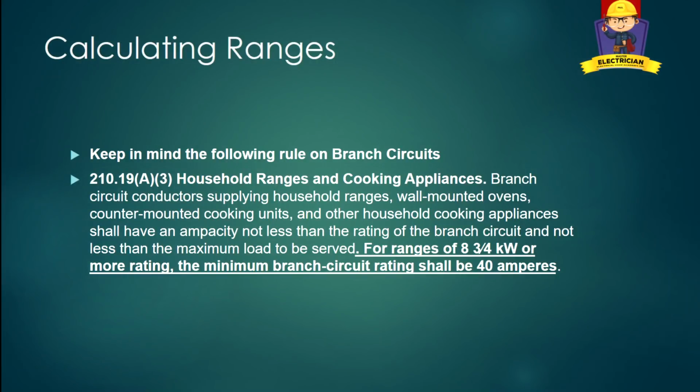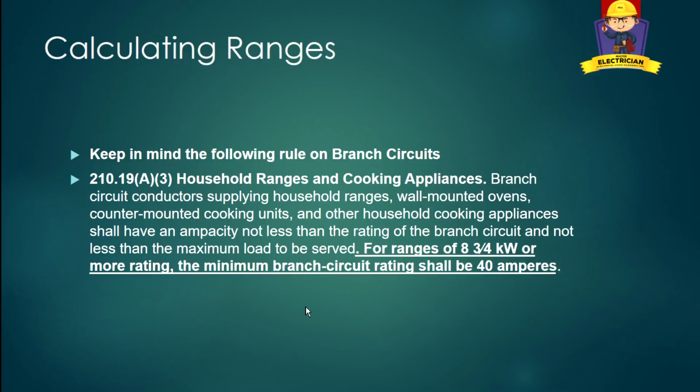What I did was pull this out of 210.19(A)(3) of the NEC, for educational purposes only, of course. You'll notice the last statement here. It says for ranges of 8 3/4 kW or more rating, and in our example it was a 9 kW, the minimum branch circuit rating shall be 40 amperes.